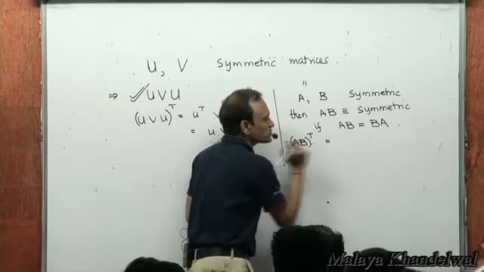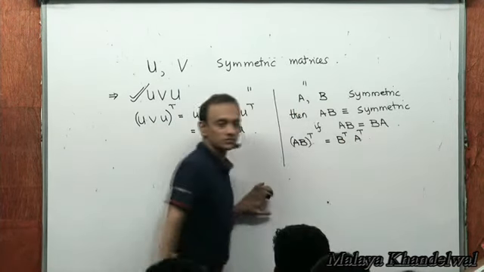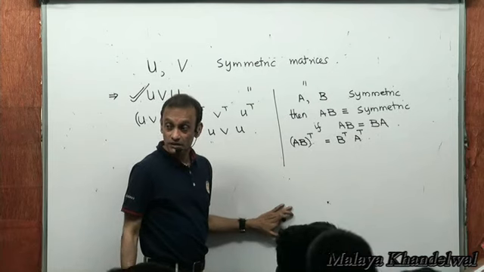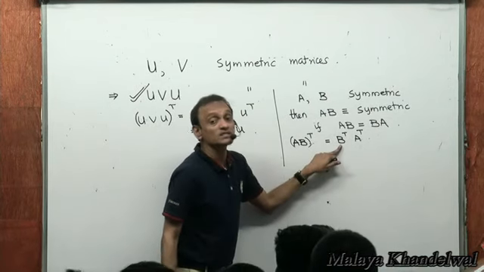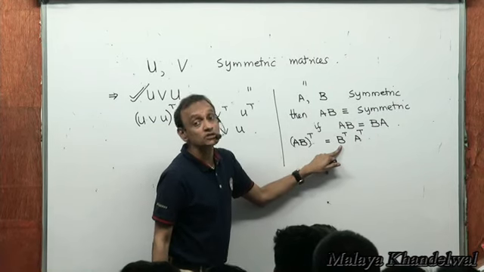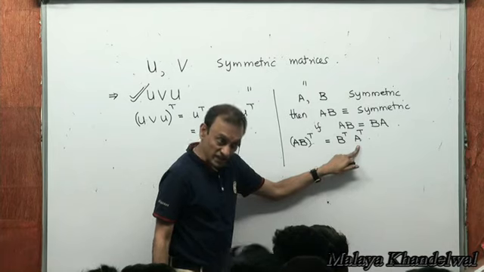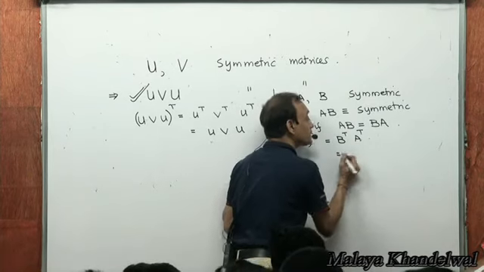But AB transpose anyways is B transpose into A transpose, the property that we learned. But B transpose is B, because B is symmetric. A transpose is A because A is symmetric. So this is like BA.